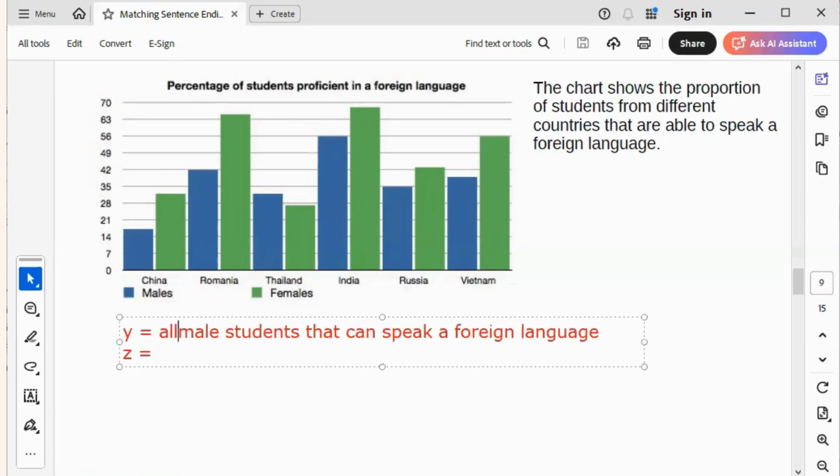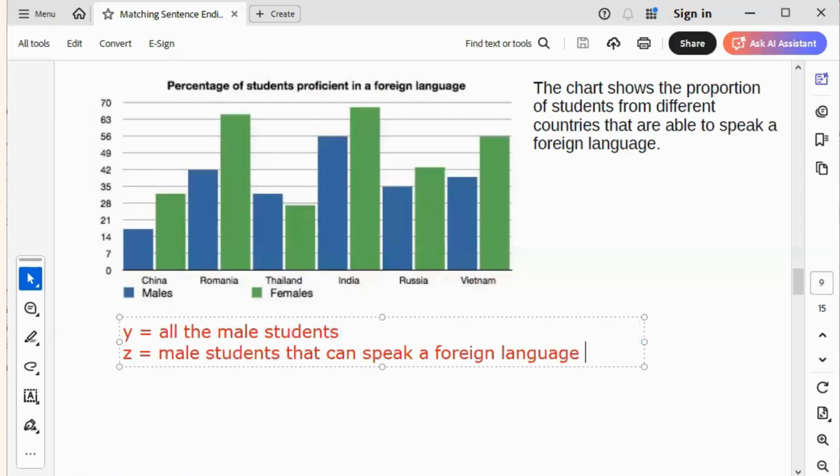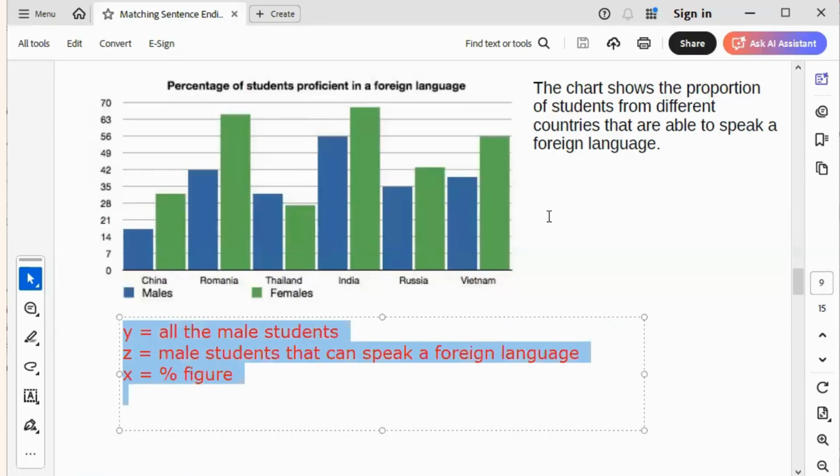Y represents all the male students. That's Y. Z represents the male students that can speak a foreign language. X represents the percentage figure. If I want to use that inverted format, what I'm going to do is this.